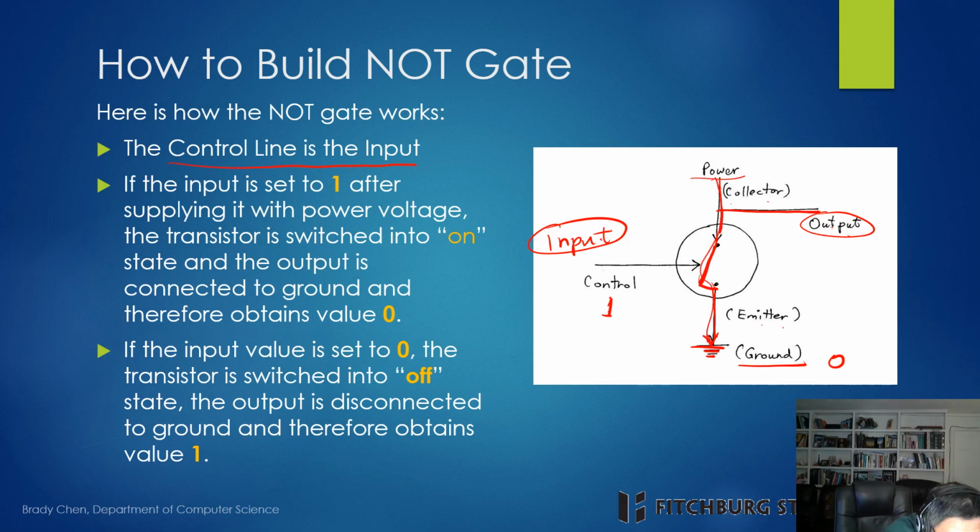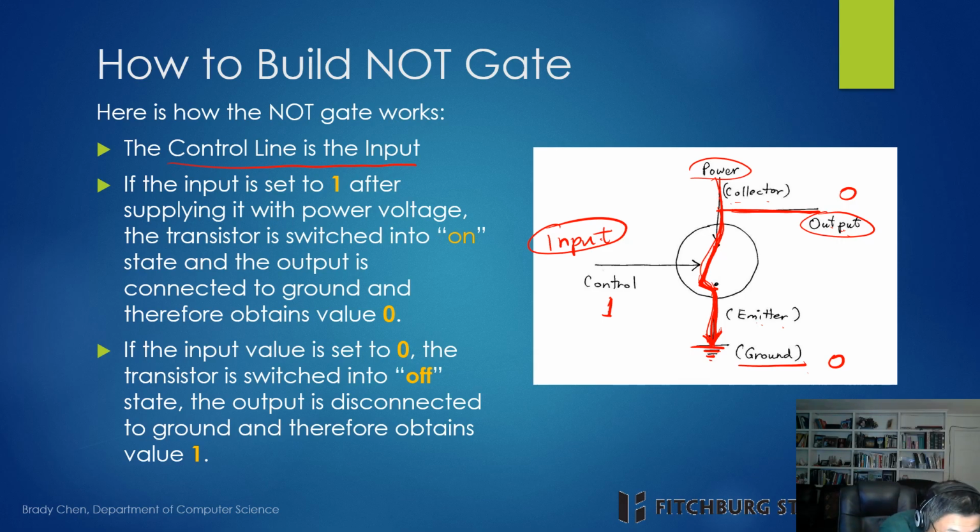Normally the power source would be the value 1, but because we apply the 1 in the control line, the collector and the emitter are connected. So this directly connects the power line to the ground. This will set the output line to 0, because the output line is now grounded. So it's pretty simple.